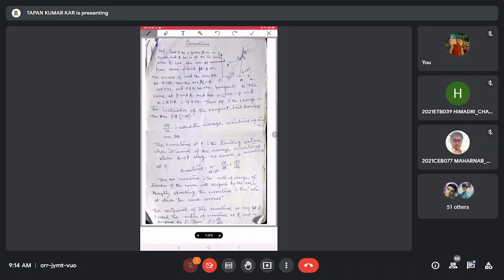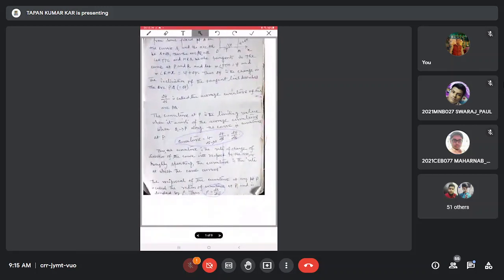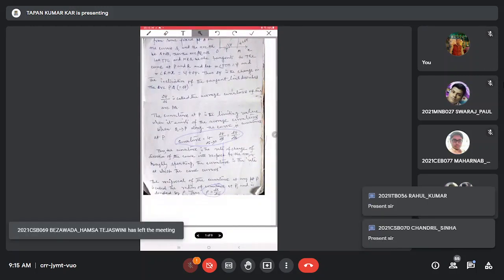Okay. So curvature is ds by d psi. And here, the radius of curvature is the inverse, d psi by ds.